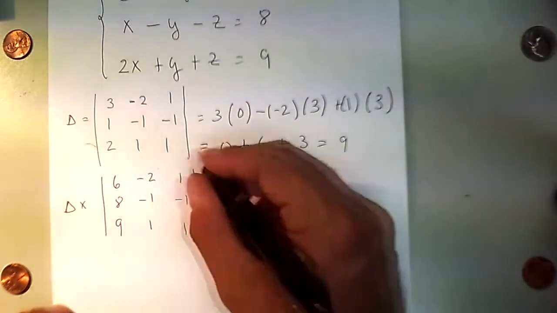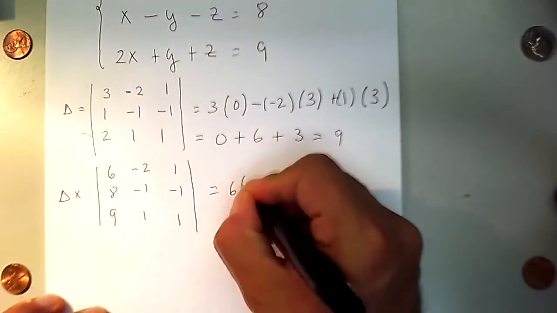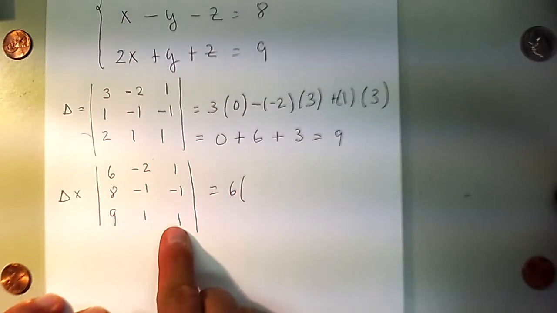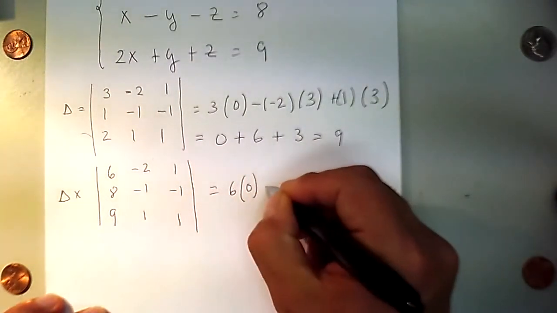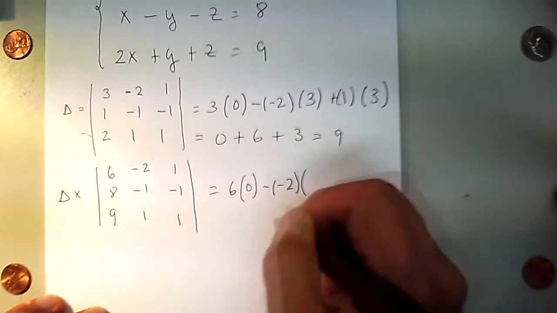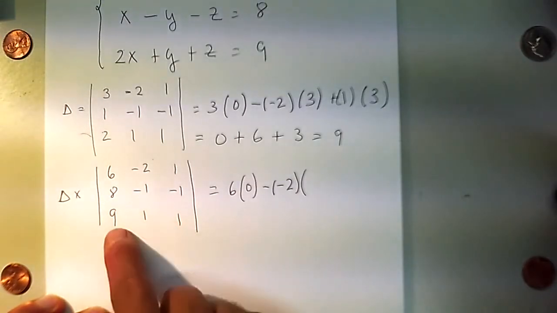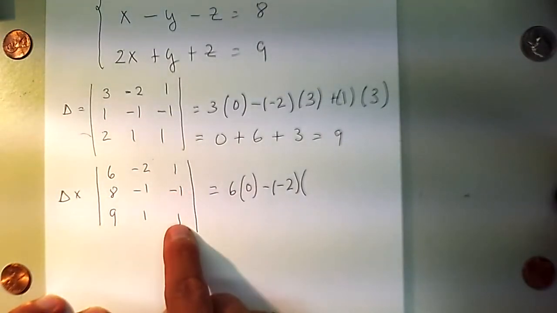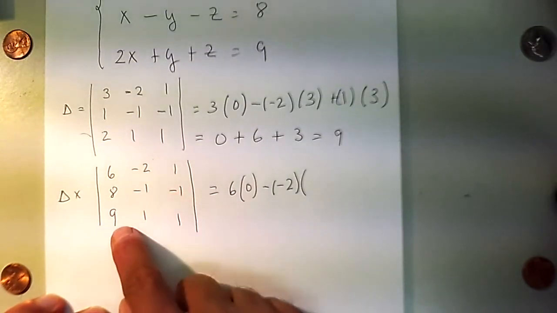All right, so same drill. 6 times -1 plus 1, 0. Minus -2 times 8 plus 9. 8 plus 9. Because of that negative, that's 17.